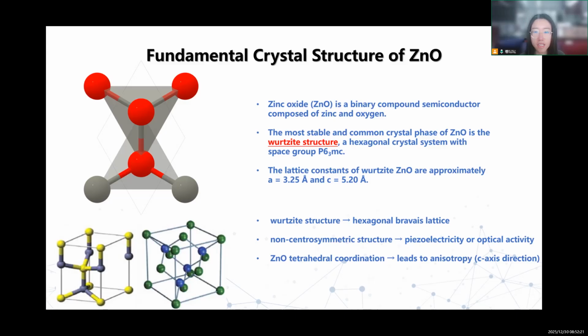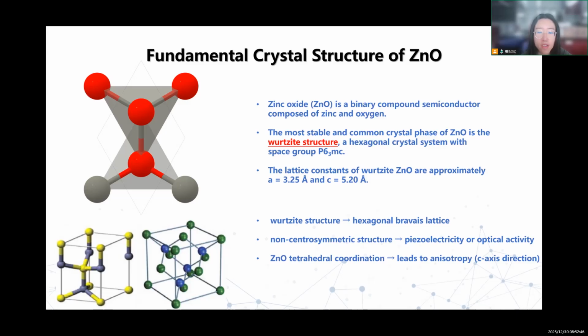The lattice constants of wurtzite zinc oxide are approximately a equal to 3.25 angstroms and c equal to 5.2 angstroms. About this, we can see the picture shows the data.